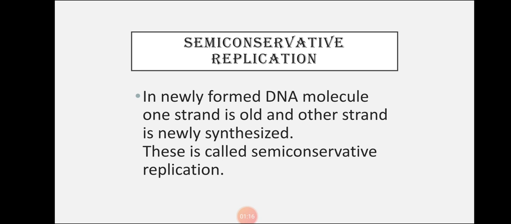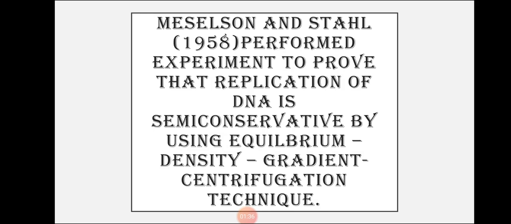Semi means half. Half the strand is old, that is conserved, and half is newly constructed. So it is called semi-conservative replication. This we are going to study with the help of one experiment today.